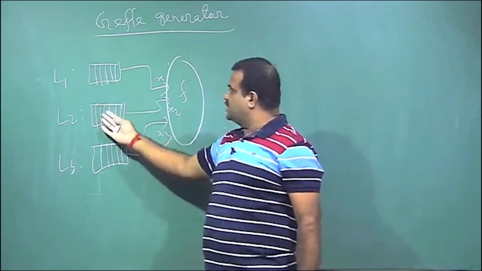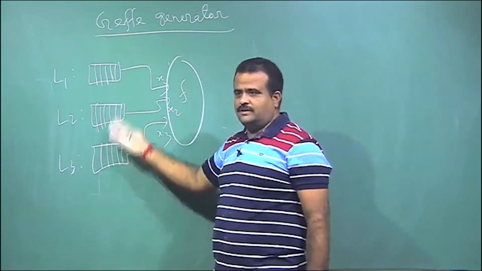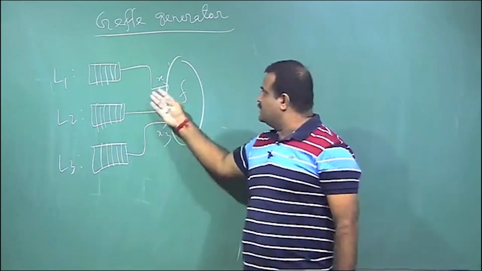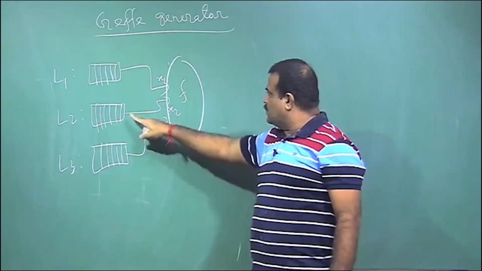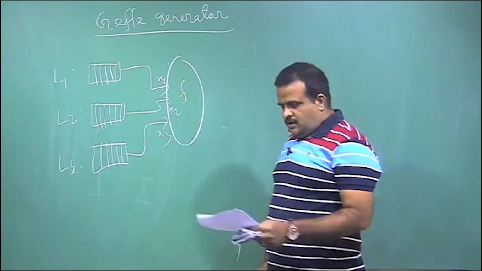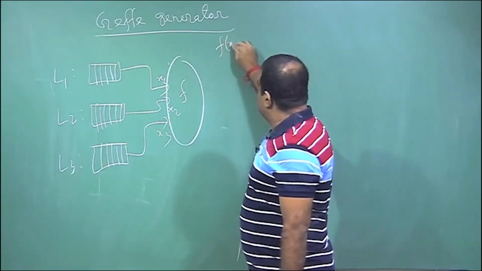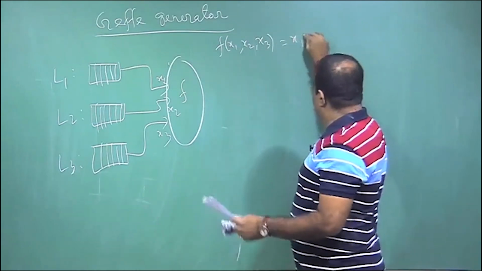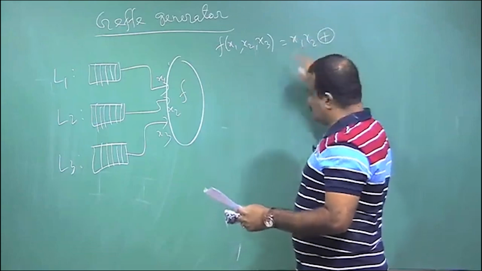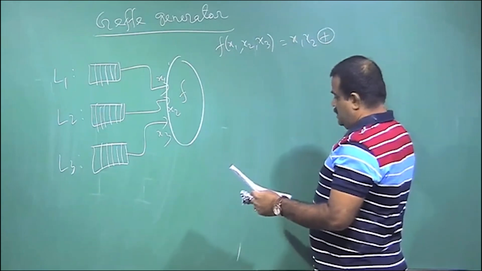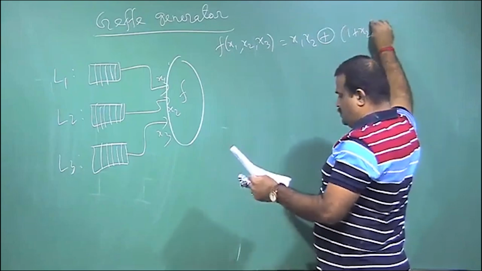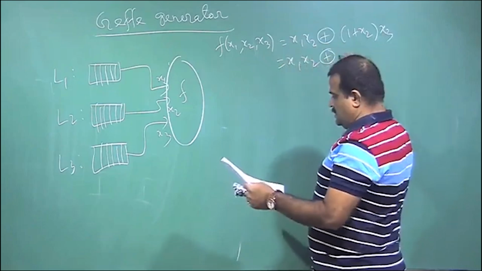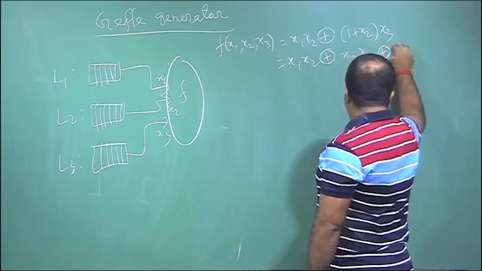So, we will just put this secret key as the initial value of this state, and then we will run this LFSR. Once we run the LFSR we will get output: this is x1, this is x2, and this is x3. The function for the Geffe generator is of the form x1 AND x2, XOR (NOT x2) AND x3.